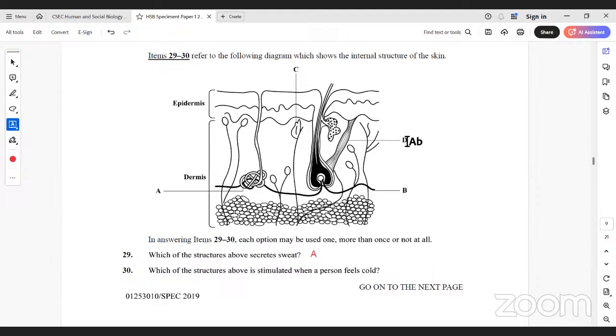And D is an erector muscle. I hope persons know what that is. That is one of the muscles that will pull your string and it helps you get goosebumps. All right, so D for question 30.